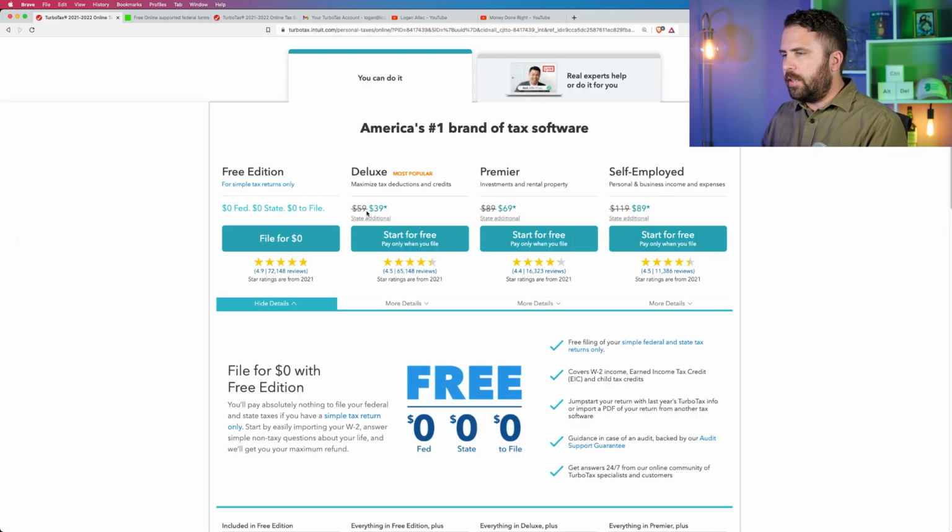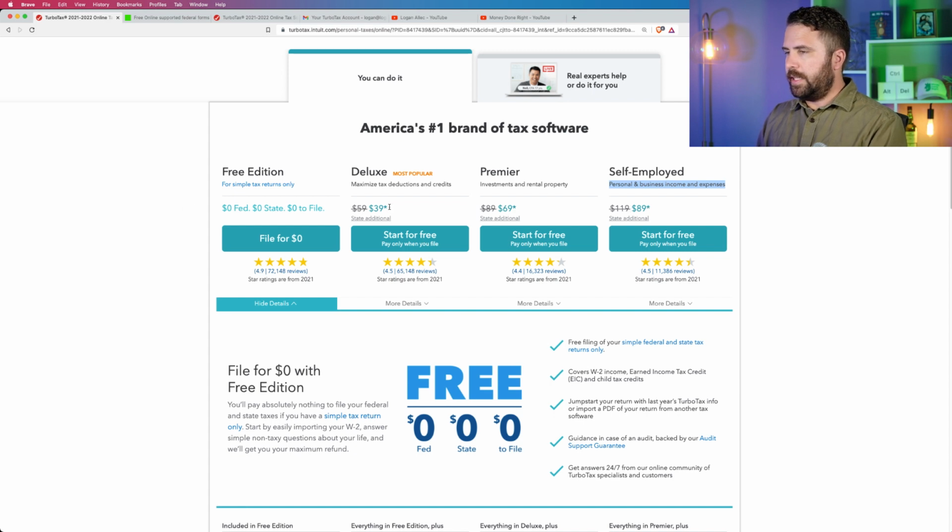Just to go over the other editions here briefly, Deluxe, basically you can take more credits and also take itemized deductions. Premier is if you have investments, like stock sales, stuff like that, capital gains and losses, crypto, or rental property. So this is Schedule D and Schedule E. Deluxe gets you Schedule A and Schedule B. And then for Schedule C, which is if you're self-employed, you have a small business, to report on Schedule C, you'd have to use a self-employed edition.